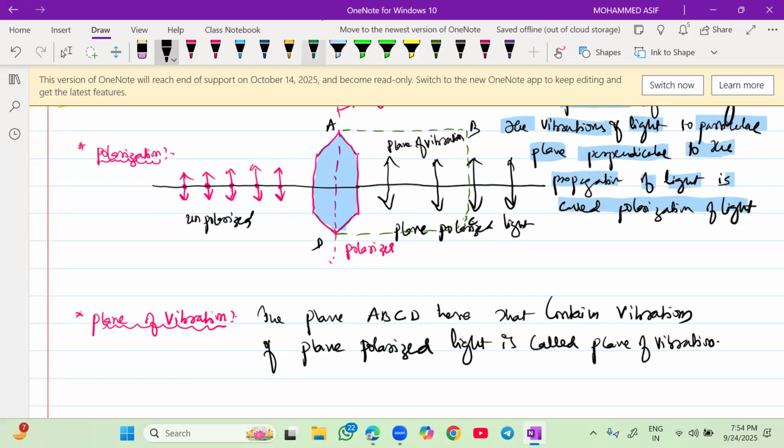The next one, you see, there is one more plane, beta, which is perpendicular to this one. Perpendicular means it will be something like this. This will be one plane like this.